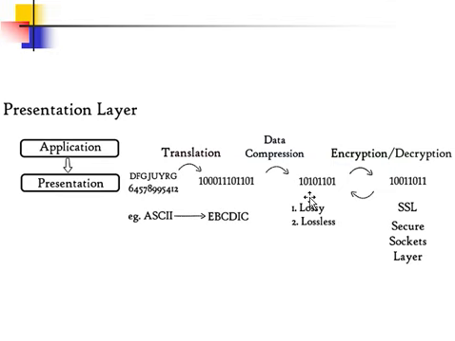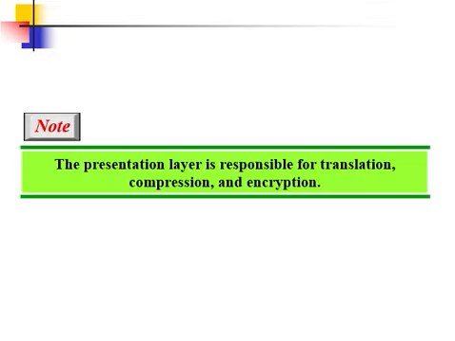So the data will be converted into a different form to transfer to the next layer. For the purpose of encryption, we use the secure socket layer, that is SSL. Note that the presentation layer is responsible for translation, compression, and encryption.